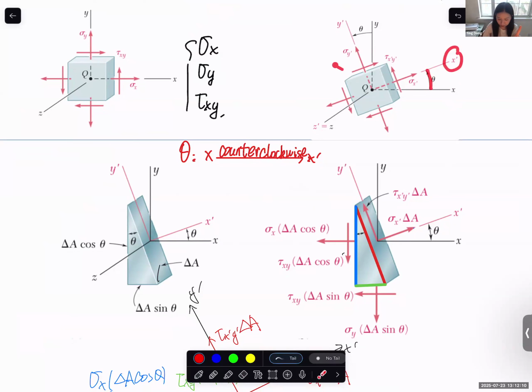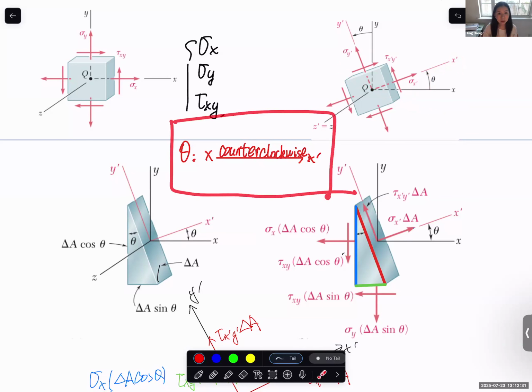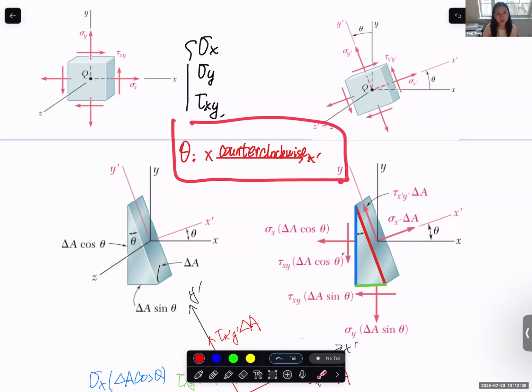So now if you have a square that is rotating clockwise 30 degrees, then it should be negative 30 degrees. Or of course you can do 330, right? That is also correct. So be very clear that all our derivations are based on this angle being counterclockwise.